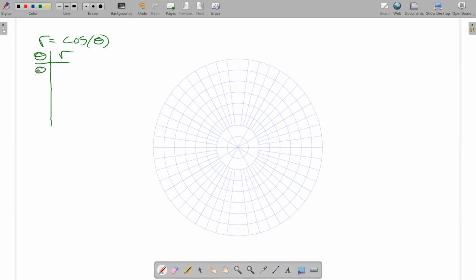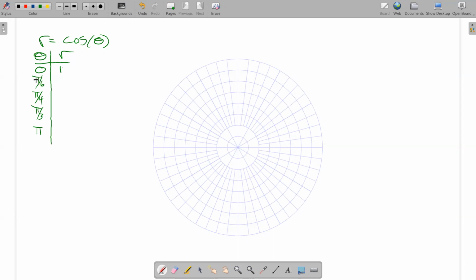So I'm just going to go with some of the standard favorites: 0, pi over 6, pi over 4, pi over 3, pi, and see if 5 points are enough to see the pattern. If not, we'll plot more. So cosine of 0 is 1.